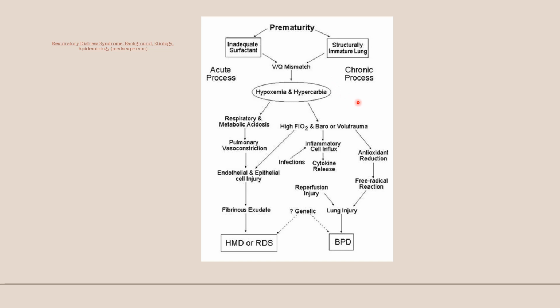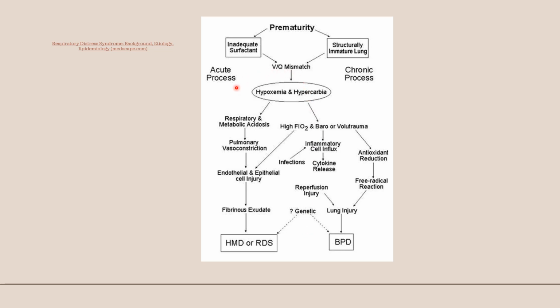When you have a VQ mismatch, it leads to hypoxemia and hypercarbia, and those cause their own fleet of events. The more support we have to give a baby, the more oxygen, baro, or volume trauma we cause, and that can really contribute to a heightened inflammatory response, which contributes to bronchopulmonary dysplasia, or chronic lung disease.